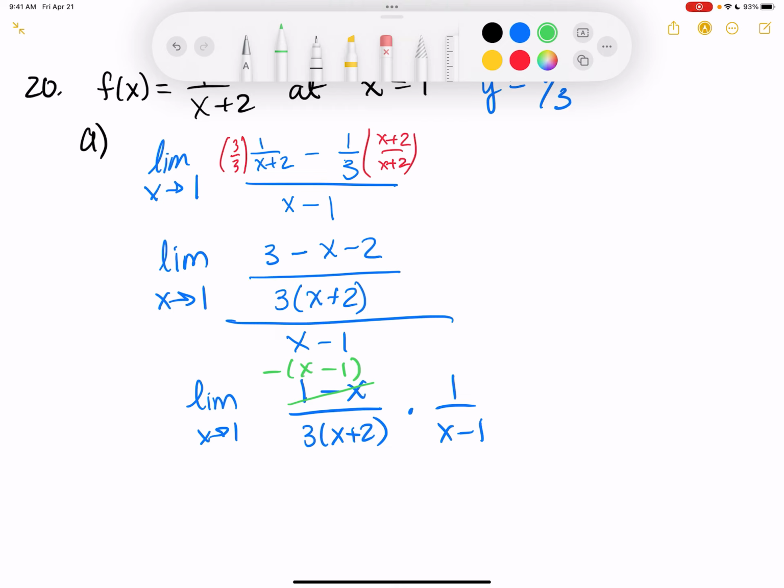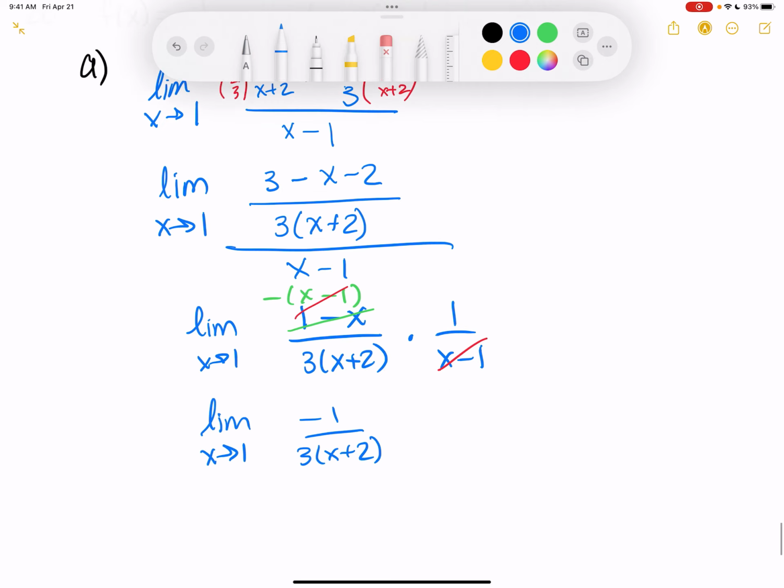So now, x minus 1 and x minus 1 cancel. I have the limit as x approaches 1 of negative 1 over 3 times x plus 2. Now if I plug in 1 for x, what do I get?